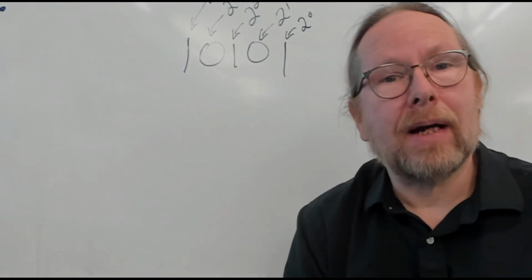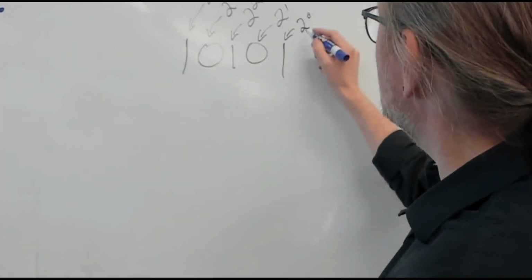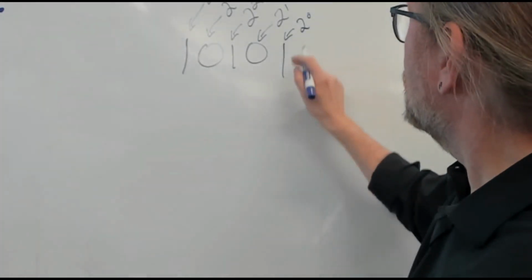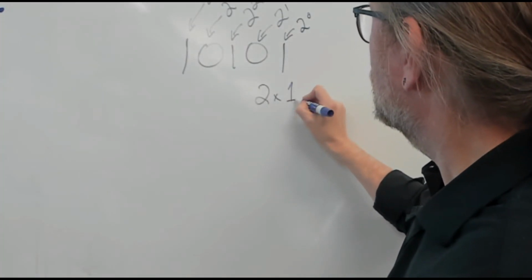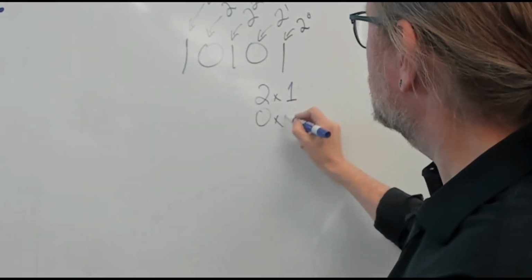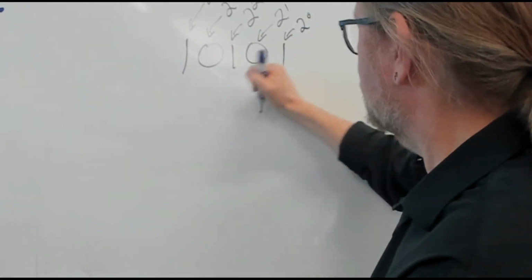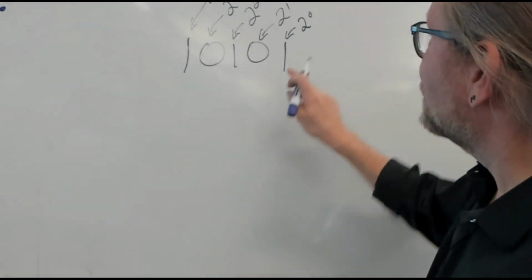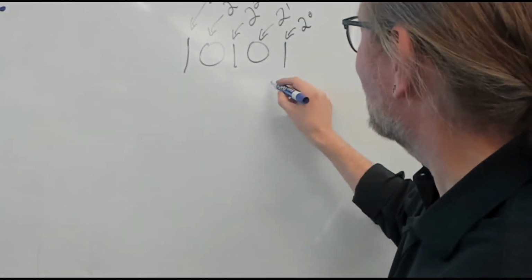Okay? It's the same idea, just we have way fewer digits. So what is this? We'll start at this end this time. Oh no, that's wrong. Let's try again. It's the same number, but I wrote it down wrong.